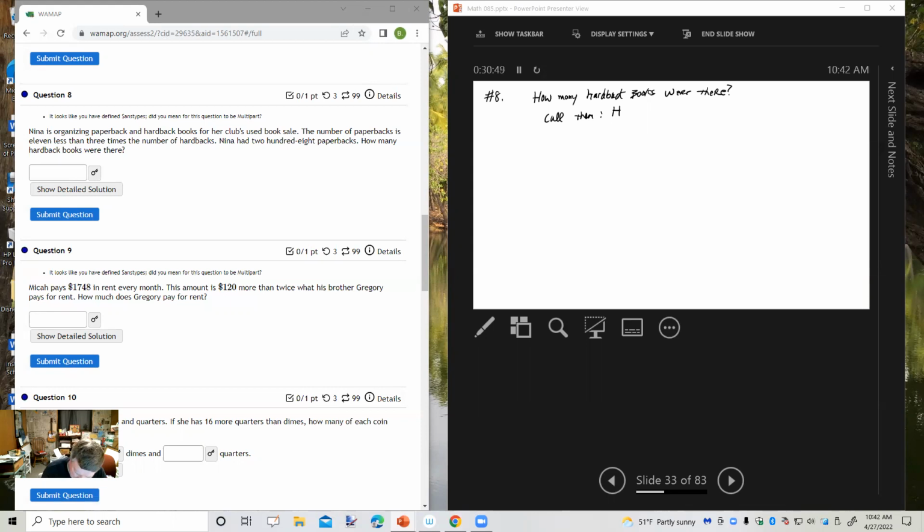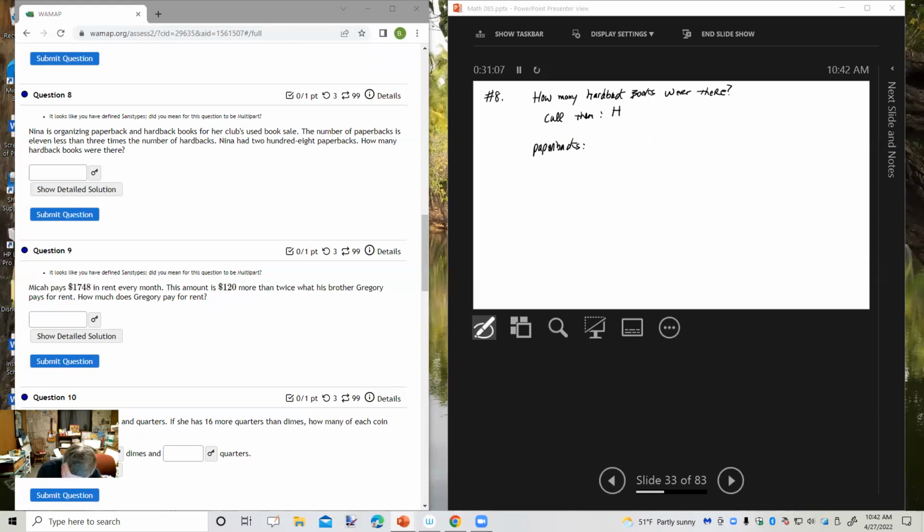So let's see. Paperbacks. So the number of hardbacks is H. The number of paperbacks is 11 less than 3 times the number of hardbacks.